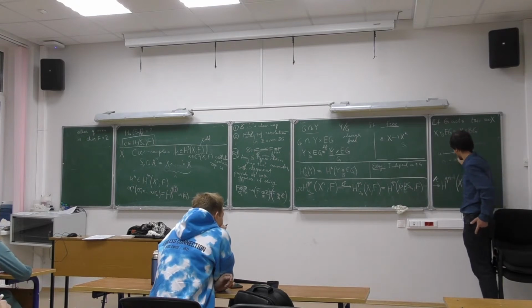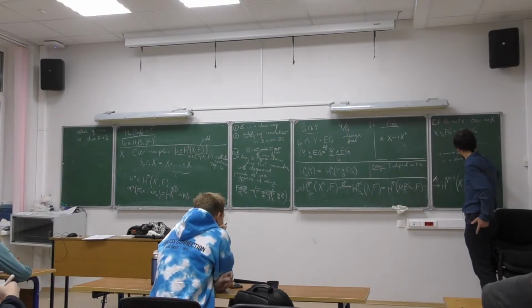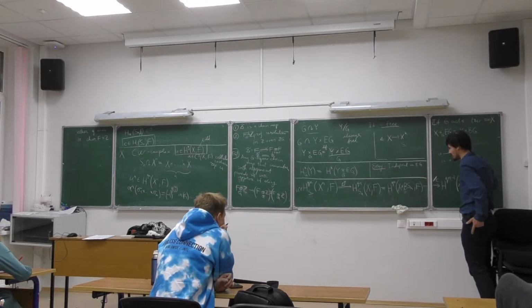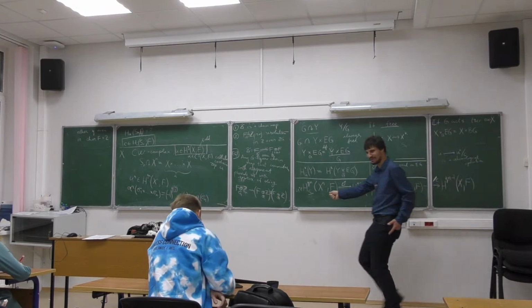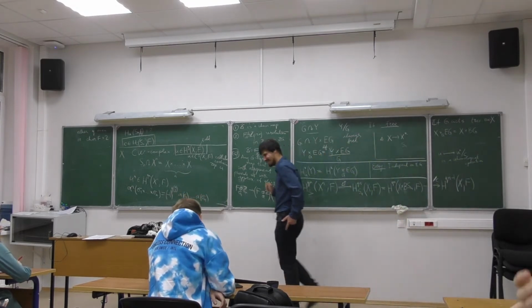Why u to the power n lies in this group is the thing which I said that we will discuss after the break. This is the only thing which I haven't explained properly.